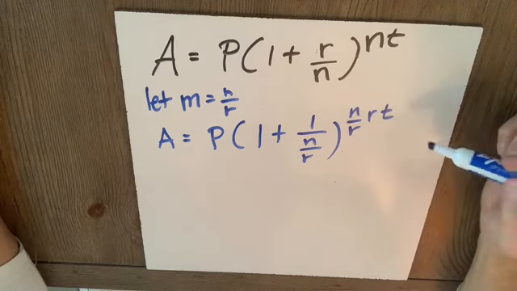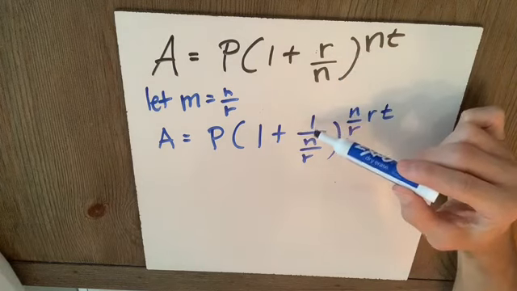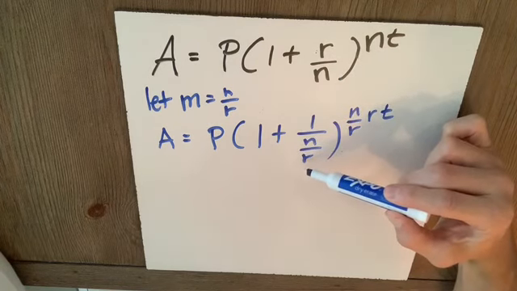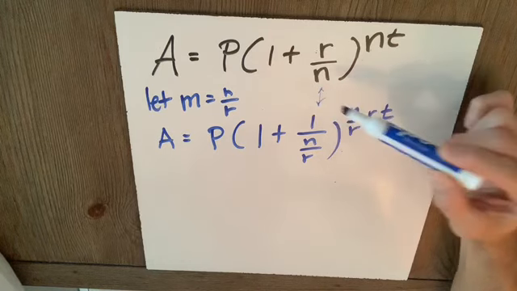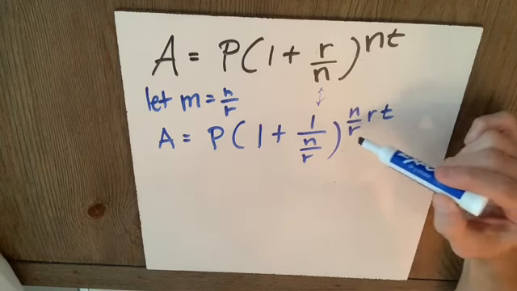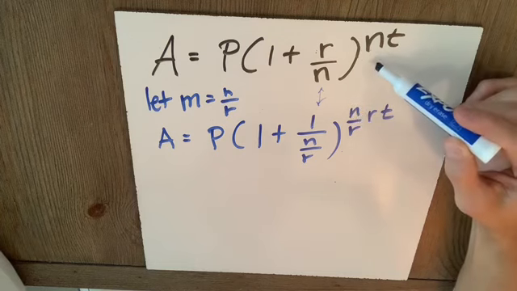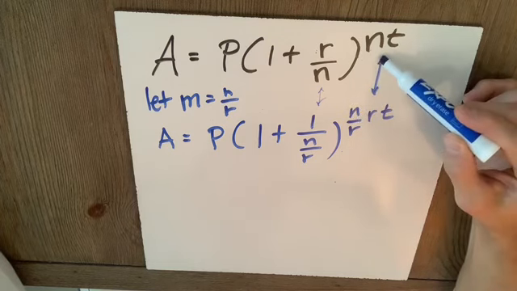So let's see, have I changed anything? 1 over N over R, keep change flip, is R over N. So these are the same. And if I cancel these R's, then I have NT. So these are the same.